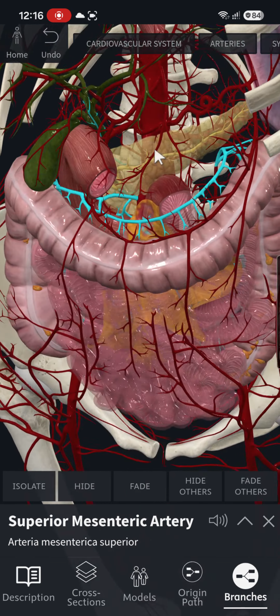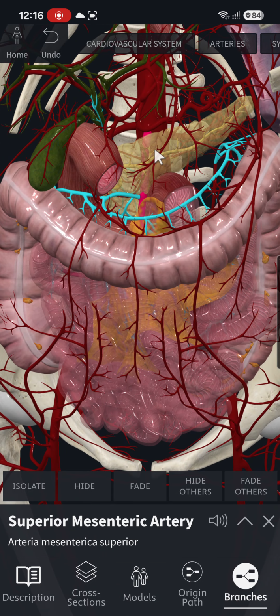It's also important to note that the left renal vein, which drains the left kidney, runs between the superior mesenteric artery and the aorta, so it's behind the superior mesenteric artery. And if the angle between the superior mesenteric artery and the aorta is a little bit acute or small, it presses on the left renal vein and causes the nutcracker syndrome. So this is an important relation between the superior mesenteric artery and the left renal vein.